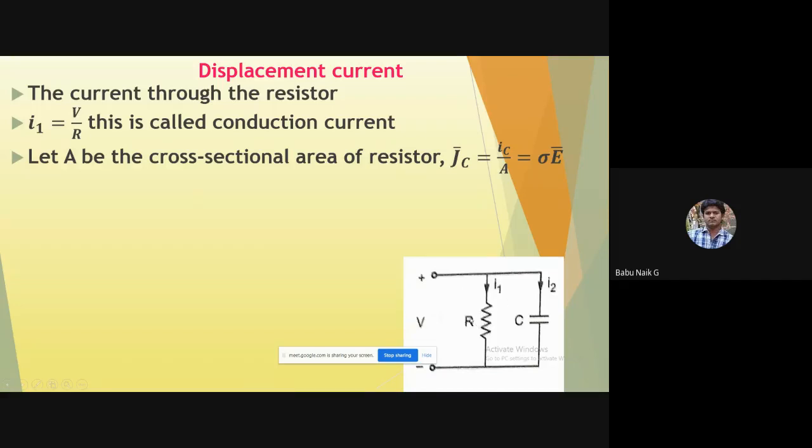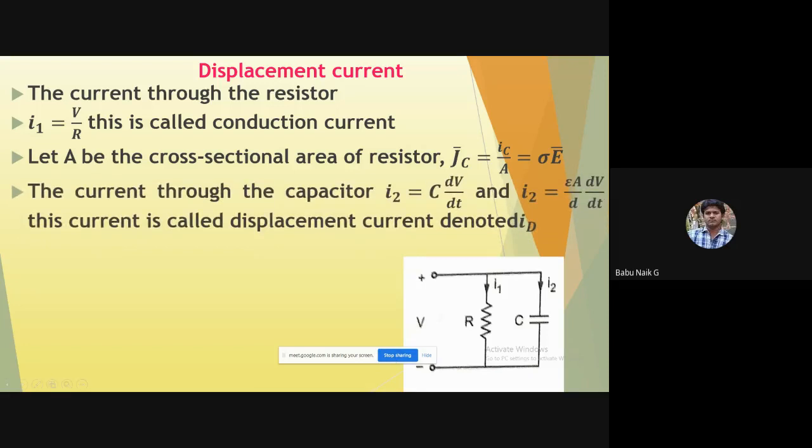Now if you want to calculate the conduction current density, it is the current flowing through the resistor divided by its area, so Jc equals Ic by A, where A is the area of the resistor. This is also equal to the conductivity times the electric field, that is Jc equals sigma E.